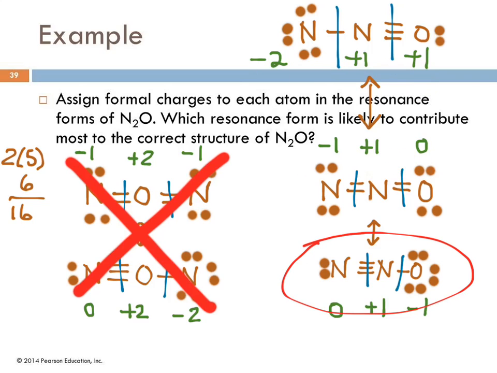So lower numbers are good. Then when we had to choose between equally low numbers, we're going to put the -1 on the more electronegative element. And here's the negative formal charge, and here's the more electronegative element. So this is really going to be bad. This is worse than this one down here. Any questions? It's going to take some practice.